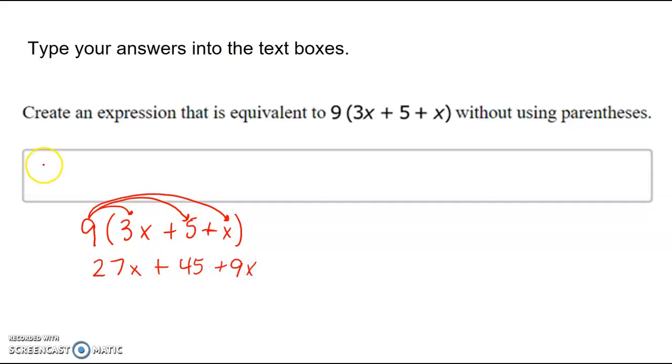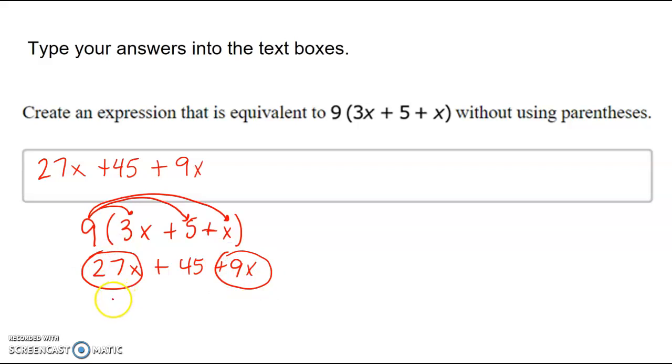So that's one of my answers I could put. 27x plus 45 plus 9x. It doesn't have parentheses. Now, if you want to get super fancy, you could simplify. 27x and 9x are like terms, so we can combine them. 36x. 45 is not a like term, so another possible answer you could have put is 36x plus 45.